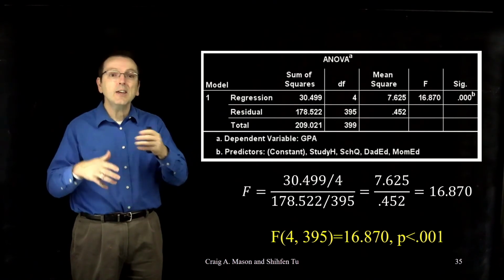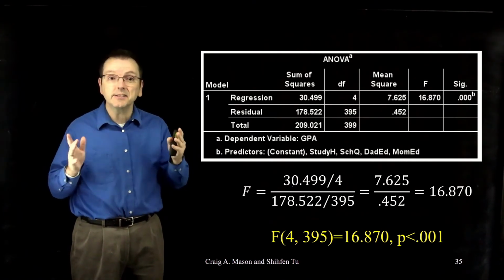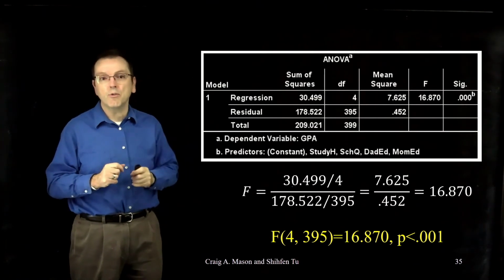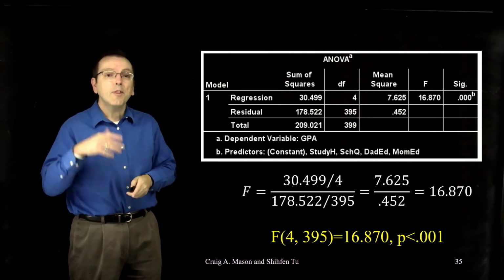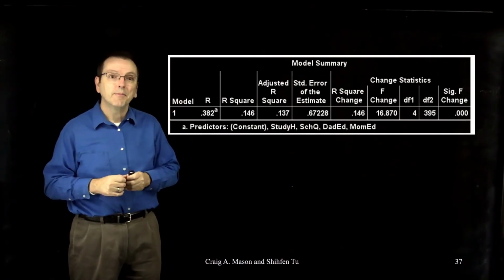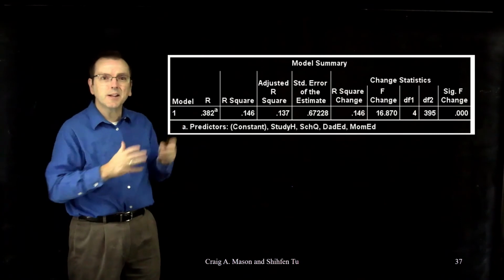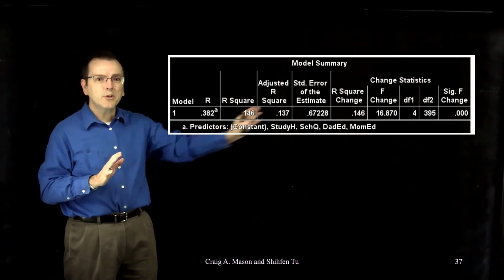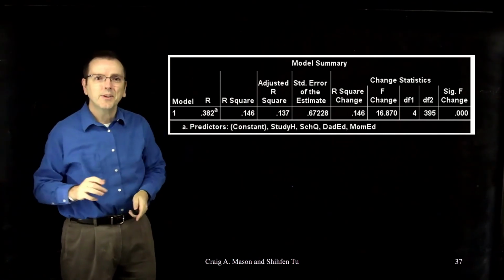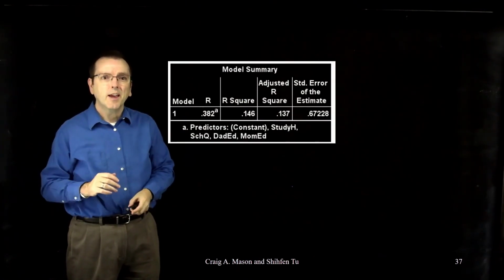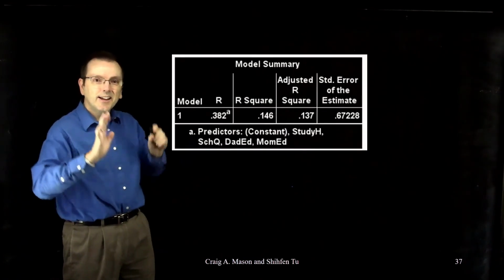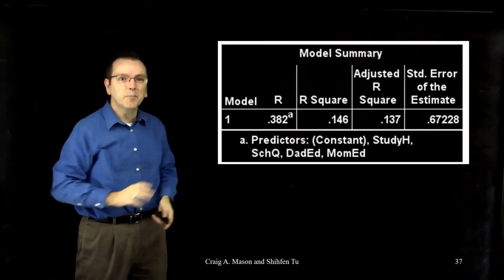It tells us the overall model is statistically significant, but it doesn't tell us how large that overall effect is. For that, we need our model summary table. Now, here's a complete model summary table, but we're going to ignore those change statistics. We'll get to those later. So let's drop them, and for clarity, it's getting a little crowded on the screen, so let's slide this over and make it a little bit bigger.